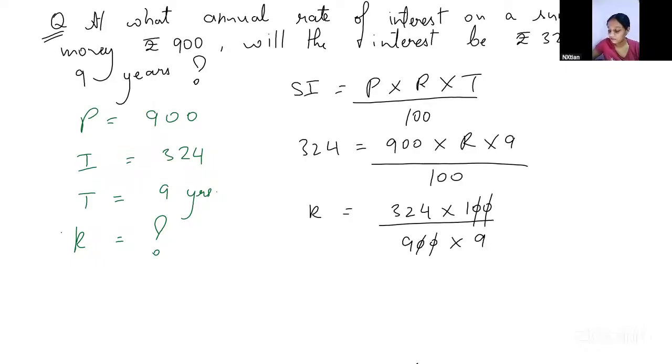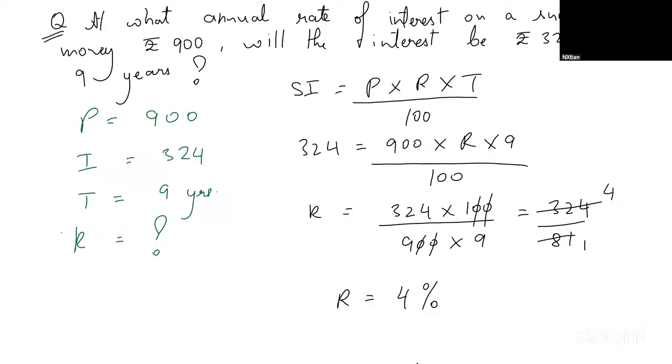Cancel the zeros. 324 by 18. Oh, sorry, by 81. Then you cancel. Rate is 4%. Now tell me, Joshua, did you understand?